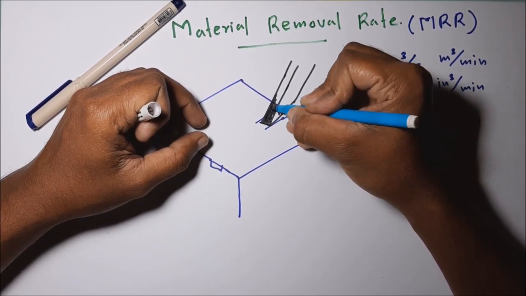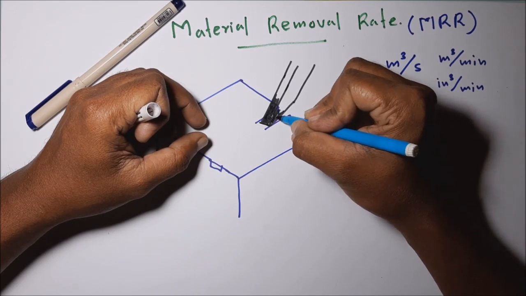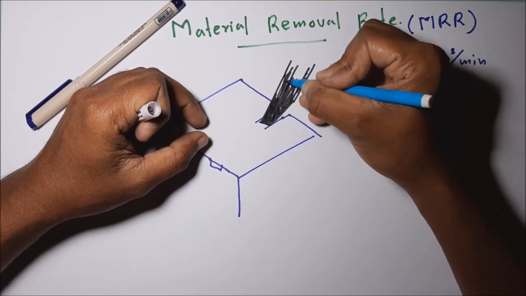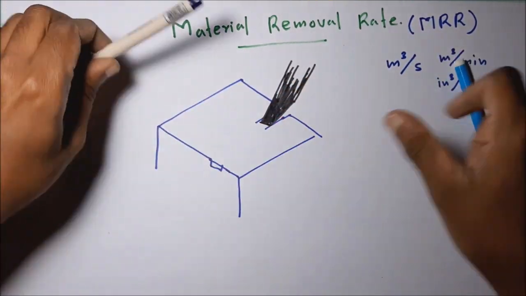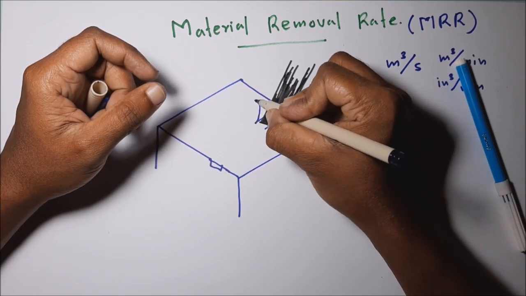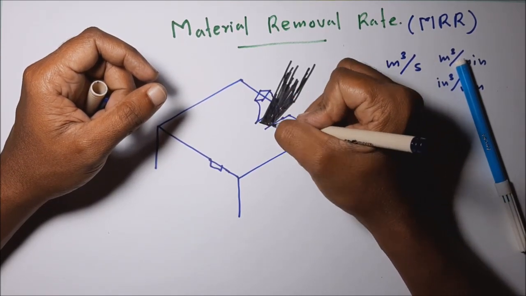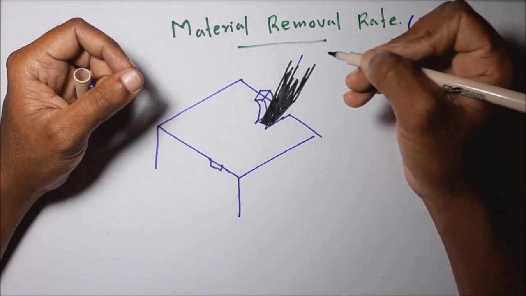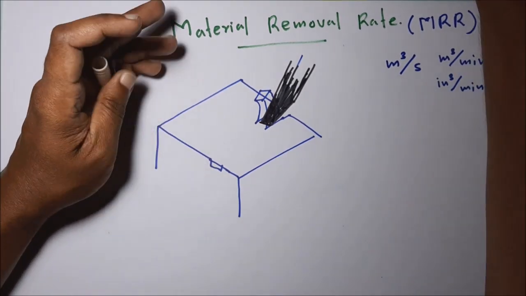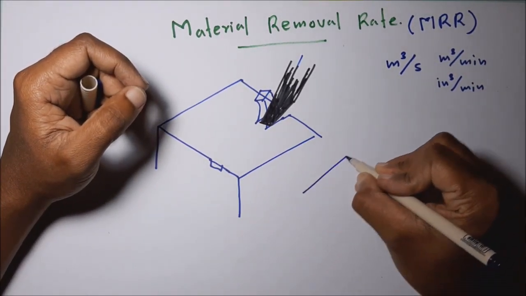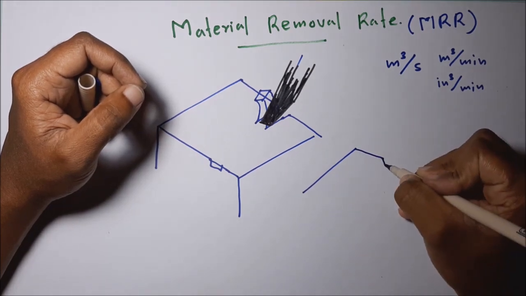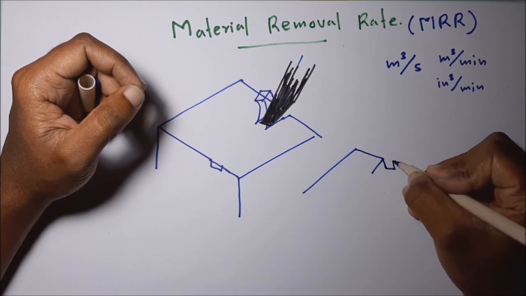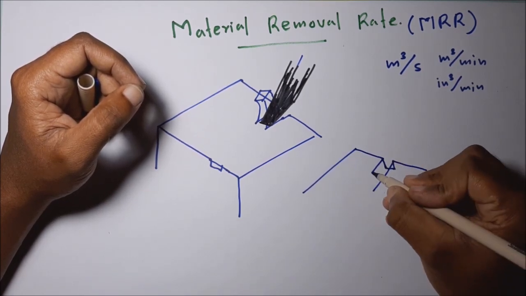Using this cutting tool, we are going to remove this kind of groove from the workpiece, and this is the removing chip. This is the groove we are going to machine in this operation.